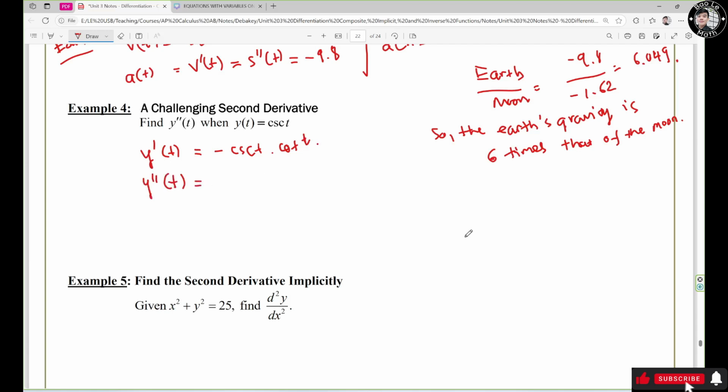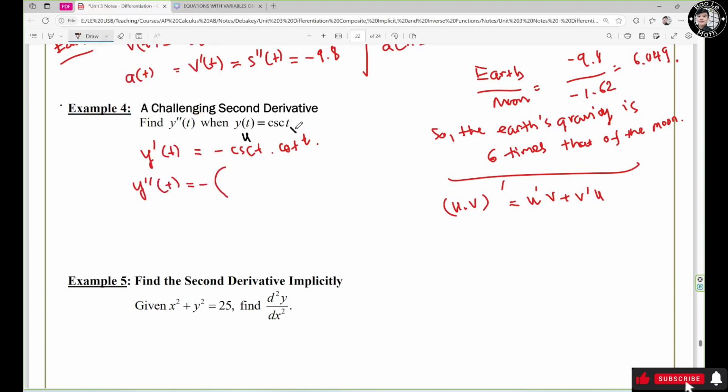So remember, u times v is going to be u prime v plus v prime u, right? So in this situation, u is this guy, v is this guy, right? Now u prime, which means cosecant t prime, is going to be negative cosecant t times cotangent t, right?